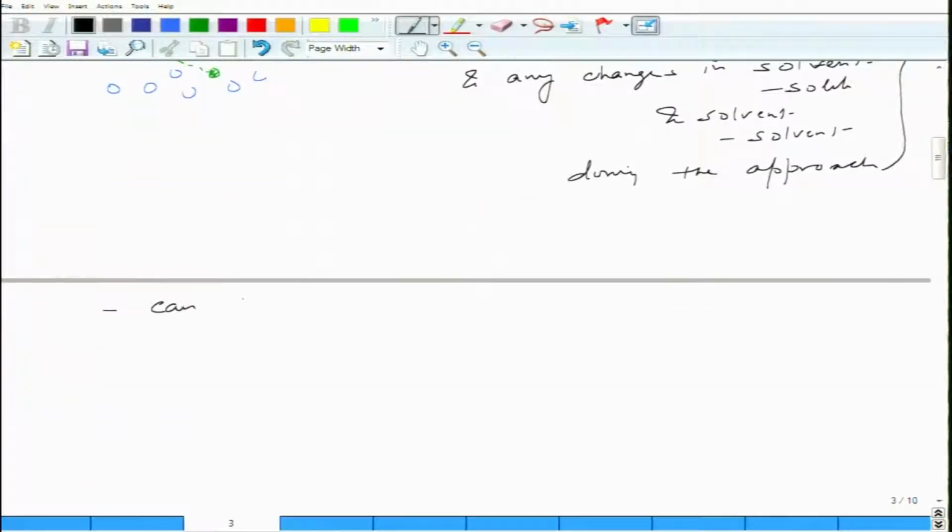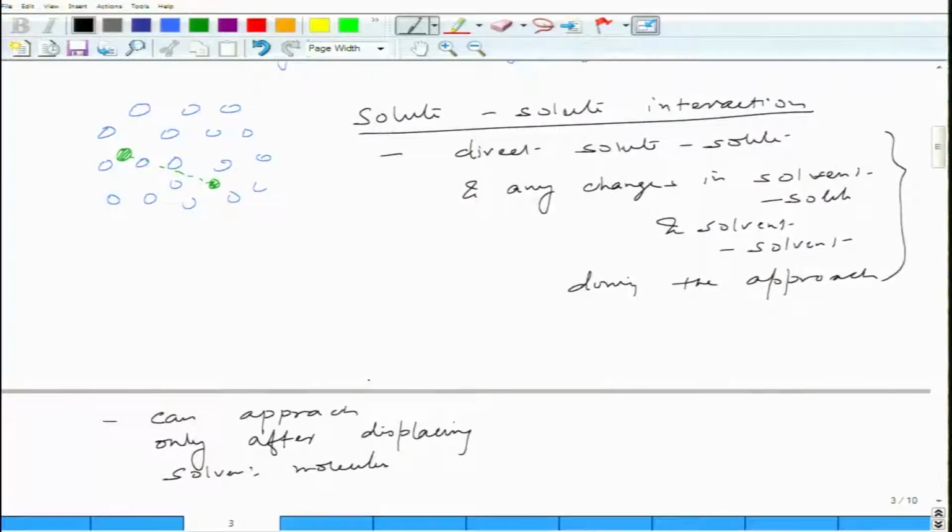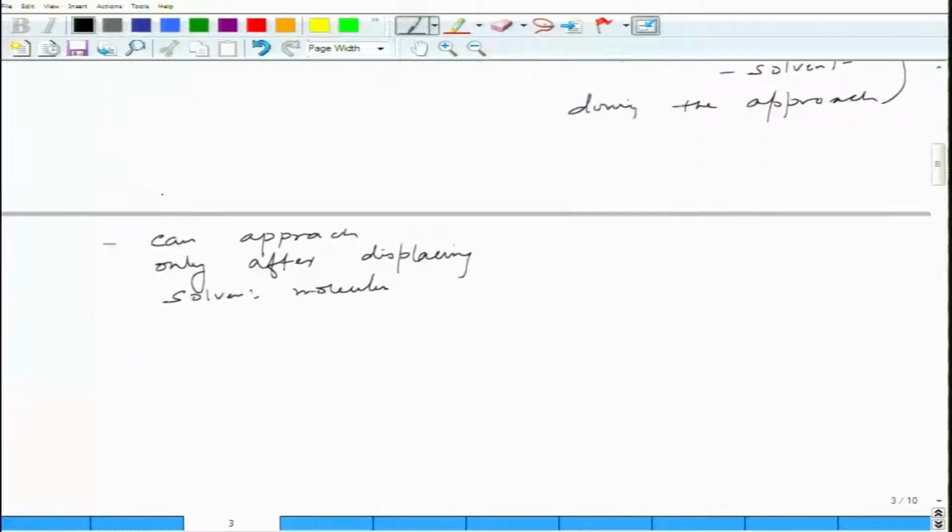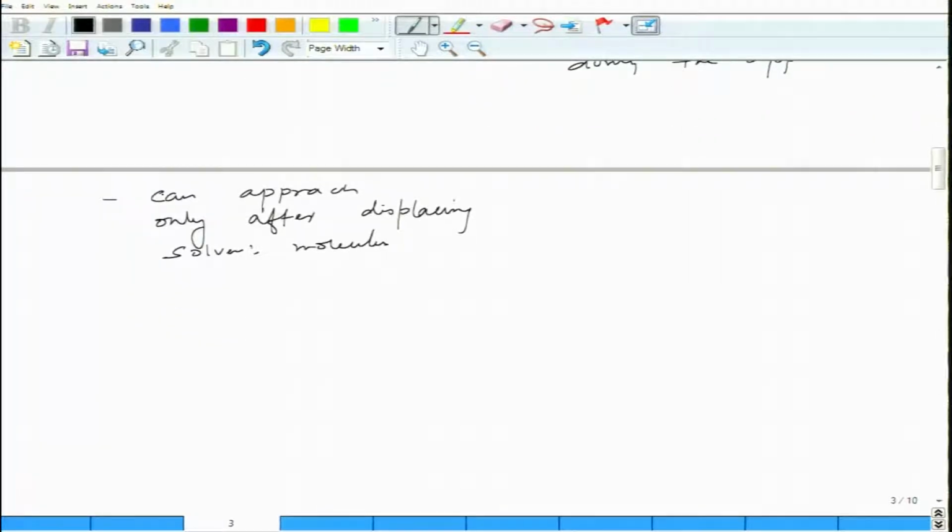It can approach only after displacing solvent molecules. For example, let us assume you keep this one fixed and bring the other from here to here. In order to come here, you must displace this and this as well. So it should displace solvent in order to come closer.